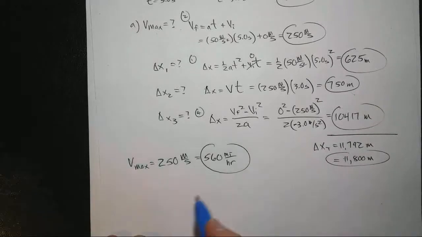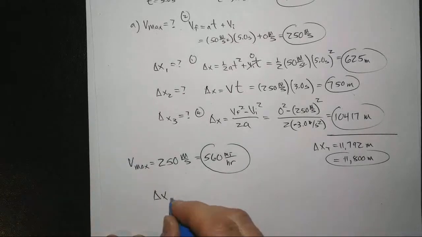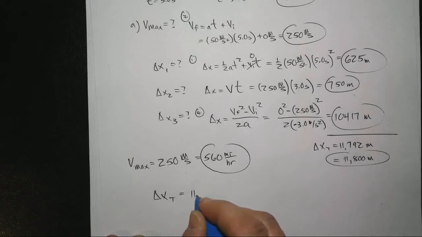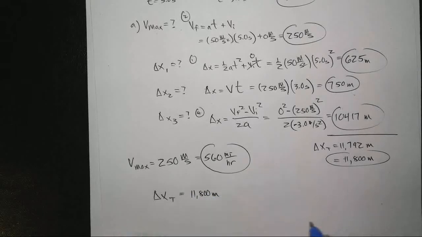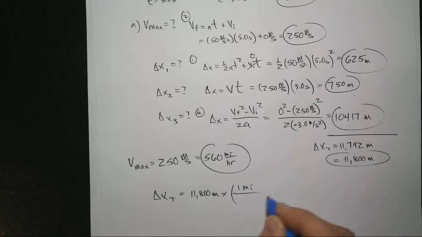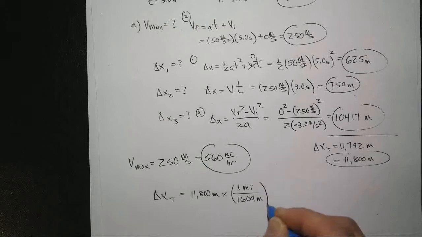We have delta xt, which is 11,800 meters. Okay, and let's do a conversion of that. I know off the top of my head that 1 mile is 1,609 meters. I remember crazy facts like that.